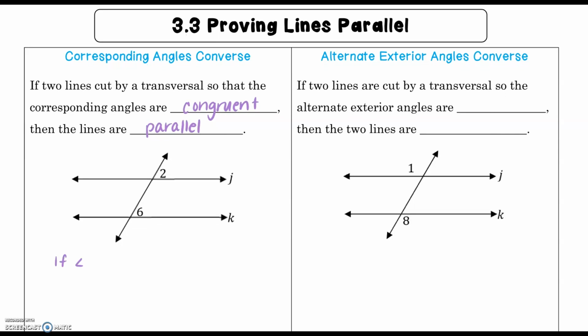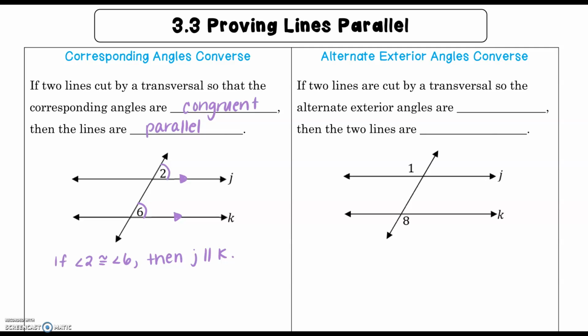So if angle 2 is congruent to angle 6, then J is parallel to K. So if we know that angle 2 and angle 6 are congruent, then we can say line J is parallel to line K. Because our corresponding angles are congruent, our lines are parallel.